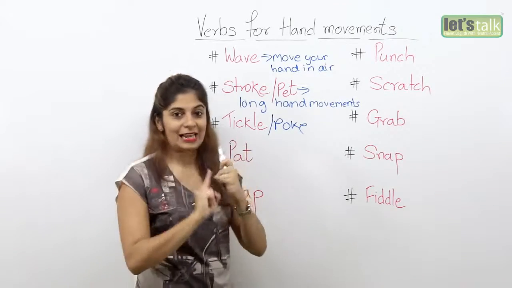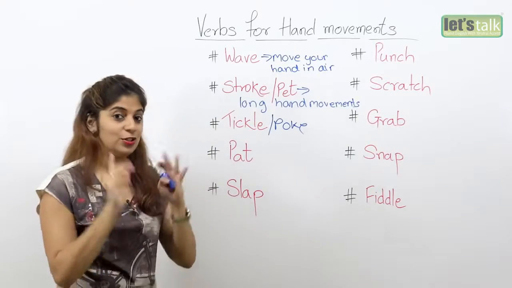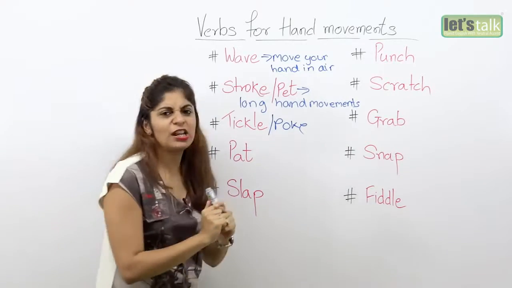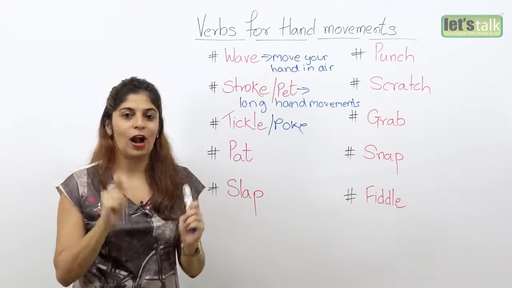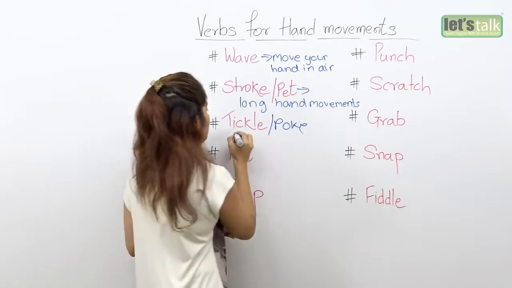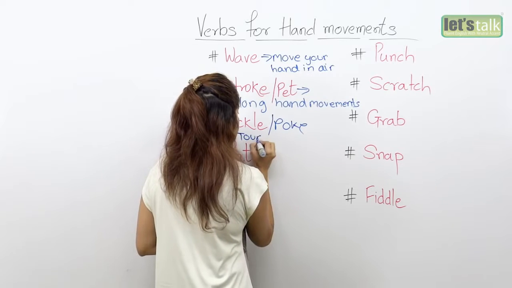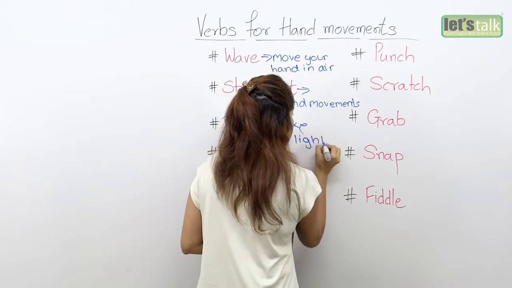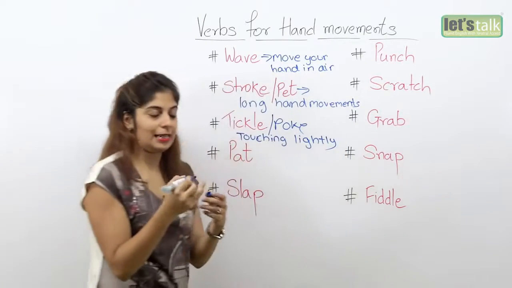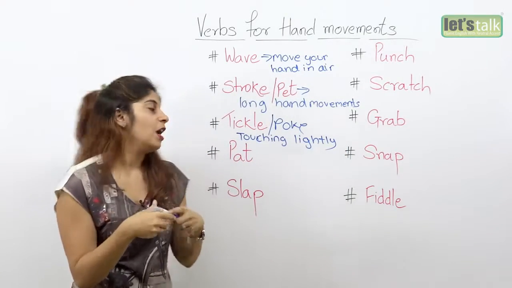So that's tickling or poking. You do that with your fingers. So you're not going to say I touched him. You're going to say I tickled him or I poked him. So touching lightly to make someone laugh.